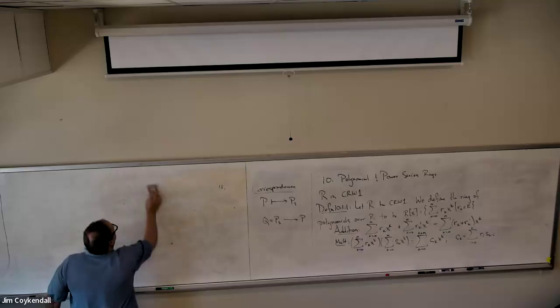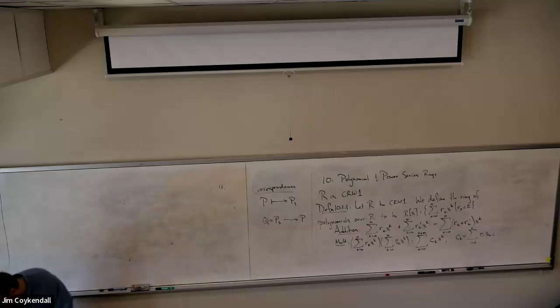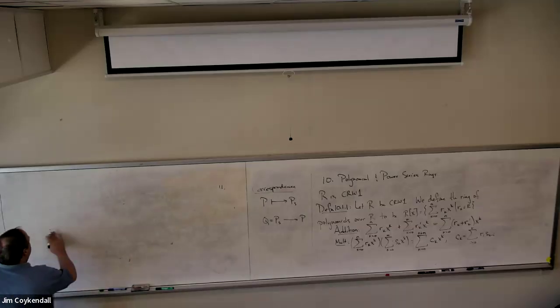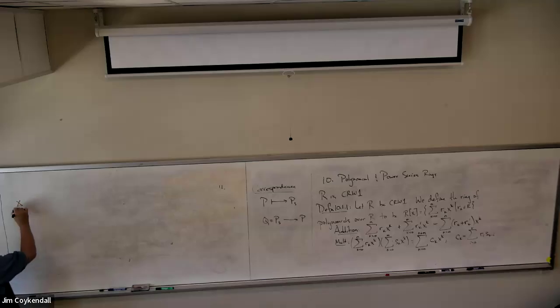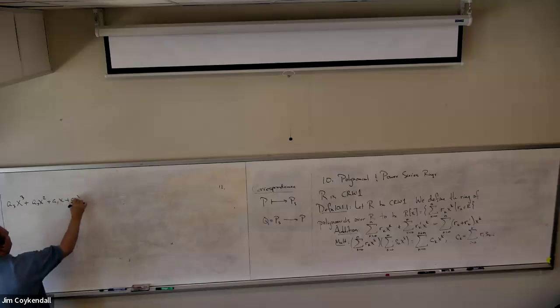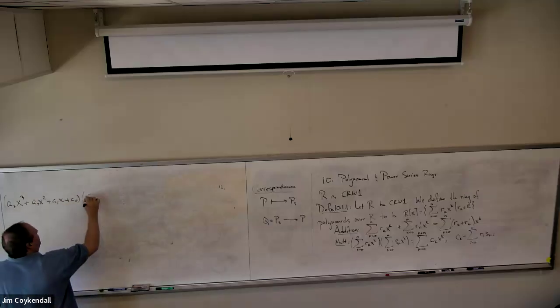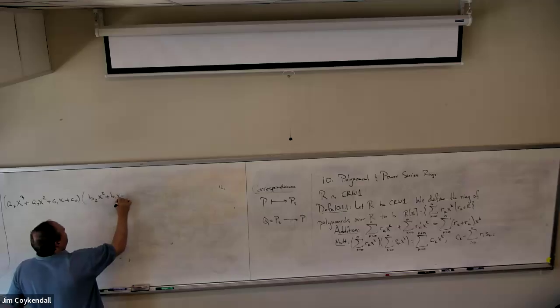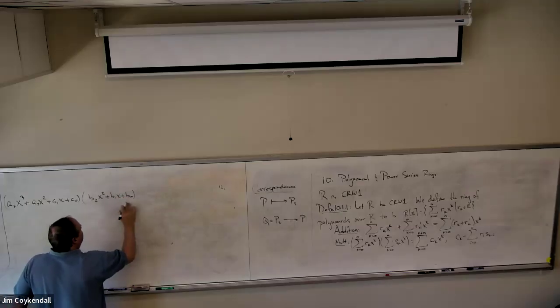So here's a quick example. This is how you multiply things, like degree terms. Let's say A3x^3 plus A2x^2 plus A1x plus A0 times B2x^2 plus B1x plus B0.